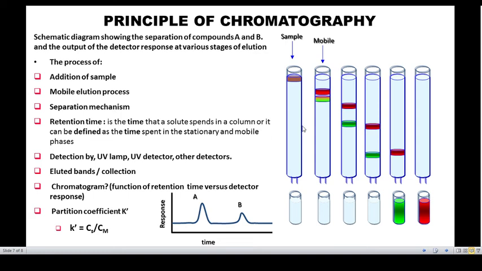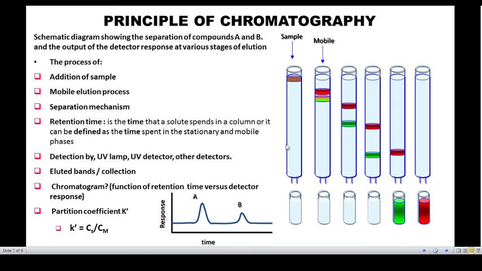The term retention time is also important, because depending on how much time a component spends in the stationary phase, the components can be separated. Retention time is the time a solute spends in a column, or the time spent in the stationary and mobile phases, or the time between introduction of the sample into the column until the detection of the component.